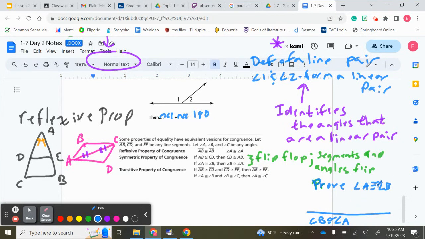So you use the symmetric property to flip them around so that it is what you're looking for. Does that make sense? Questions on that one?